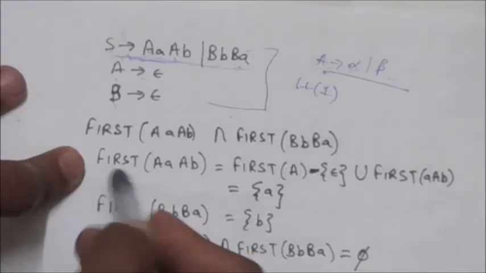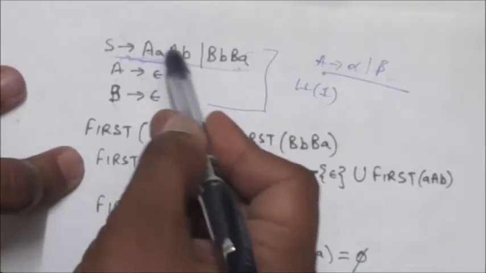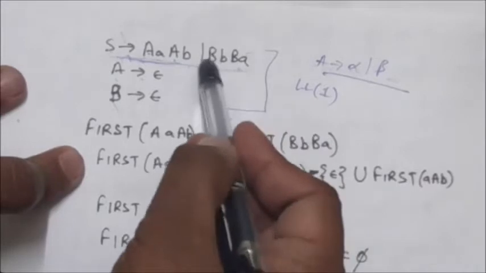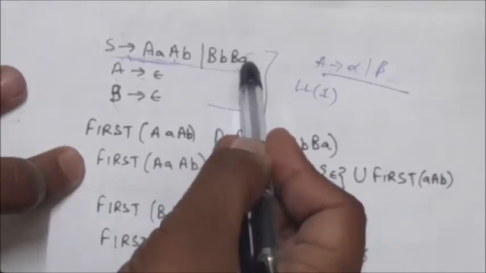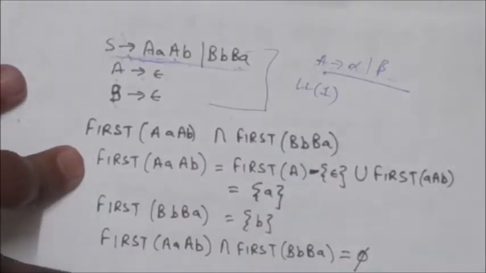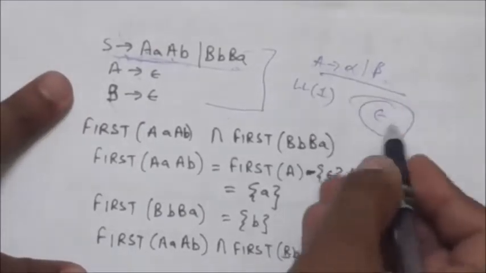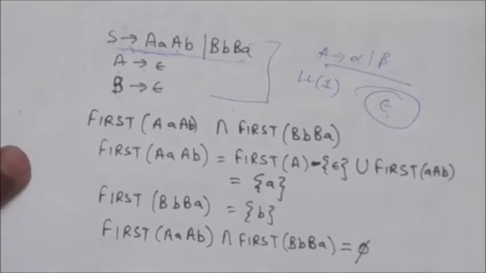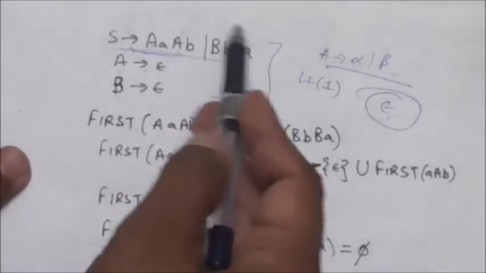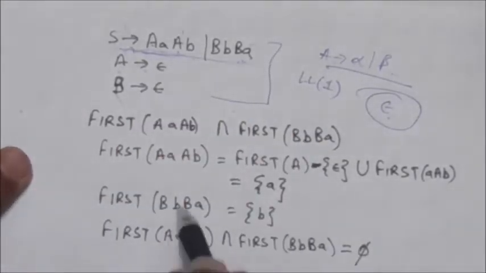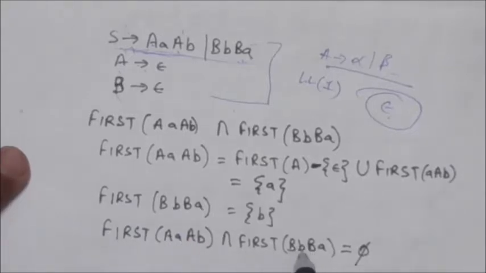So first of AB and first of BA do not contain the empty string. So what should be the condition for this grammar to be LL1? The condition is that first of AB and first of BA should be disjoint sets. It means their intersection should be a null set.